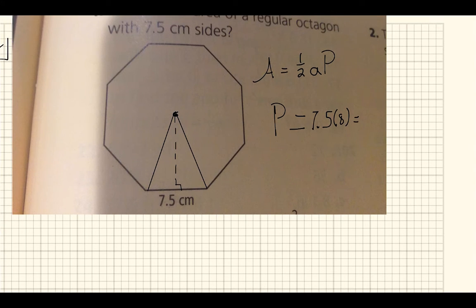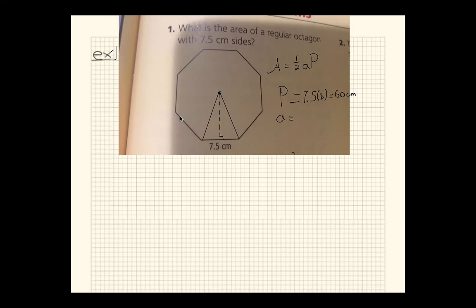That should be 60 centimeters for the perimeter. Now the apothem, again, that is this distance here. In order to find that, we do need to use this right triangle here, which I'm going to draw separately. So I'm talking about this guy here, okay?